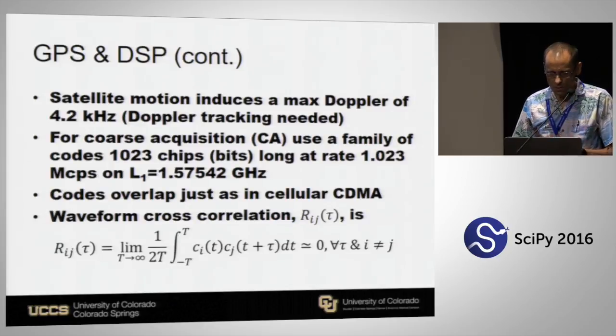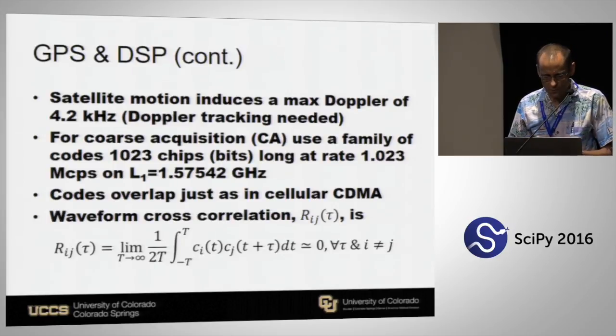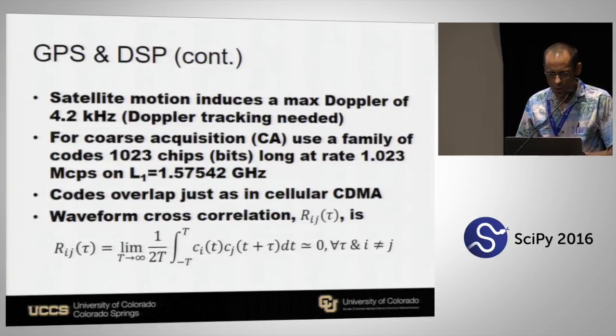So these codes come in a family. There's 37 codes in the family, as I'm thinking back, and they transmit on a carrier frequency called the L1 frequency of 1.57542 gigahertz.